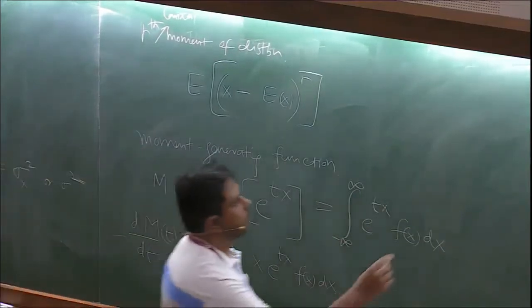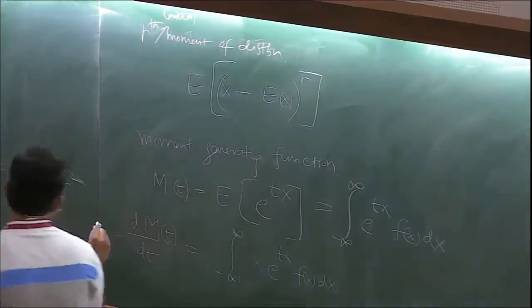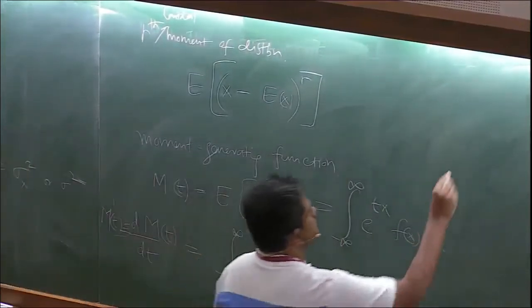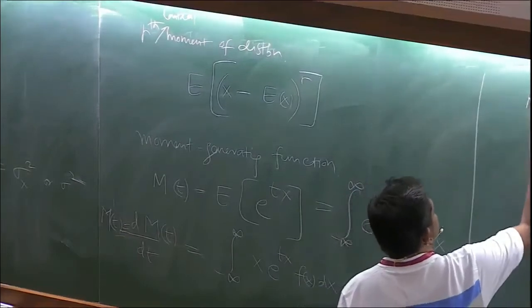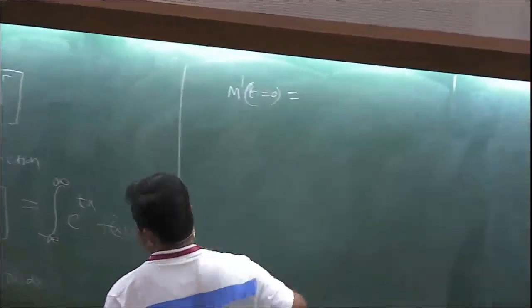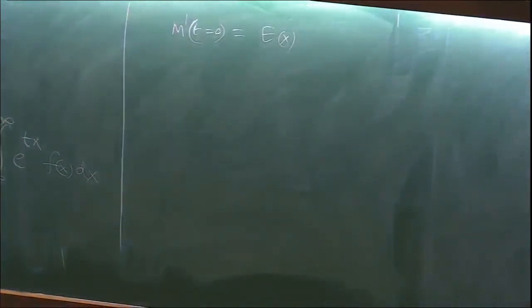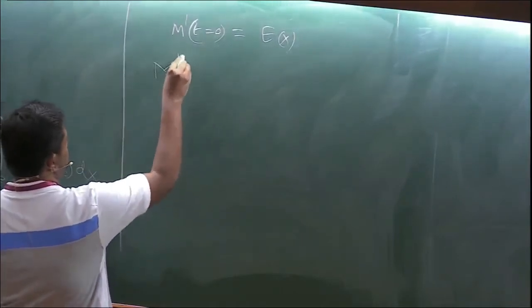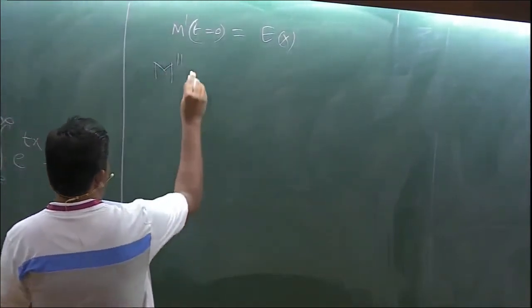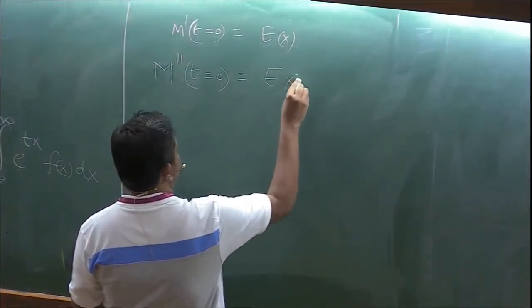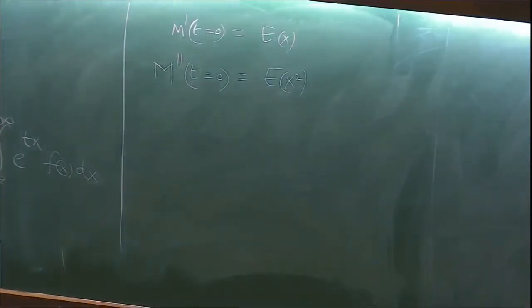And so, let's use the notation m prime. m prime at t equal to 0 is the expectation value of x. You can work out the second derivative and evaluate that at t equal to 0, and you can show that that's just the expectation value of x squared. A simple process, just the differentiation again, and then take t tending to 0.